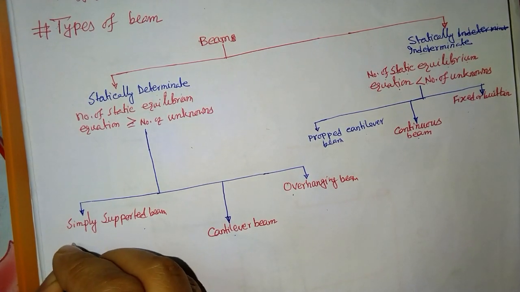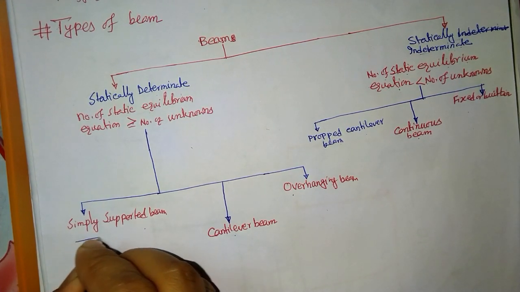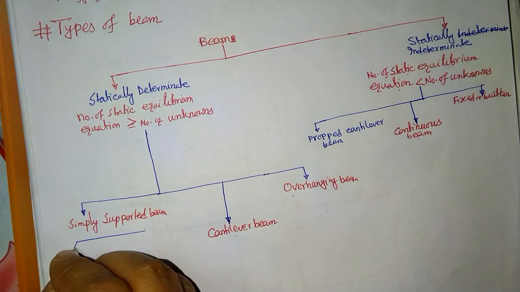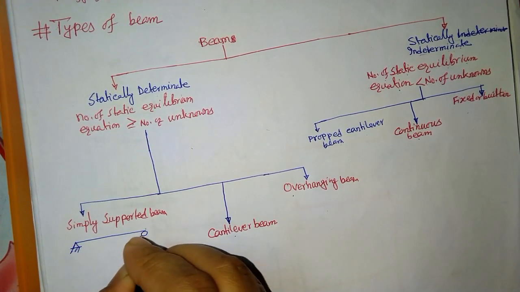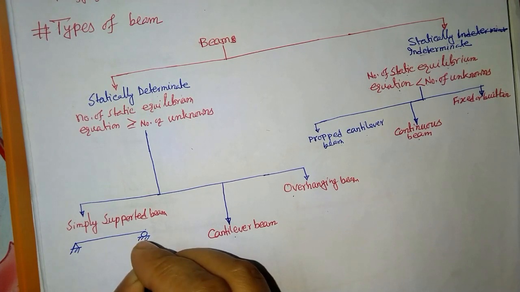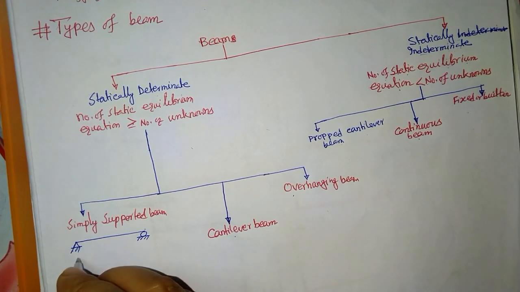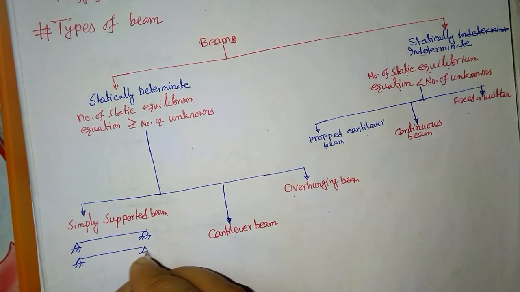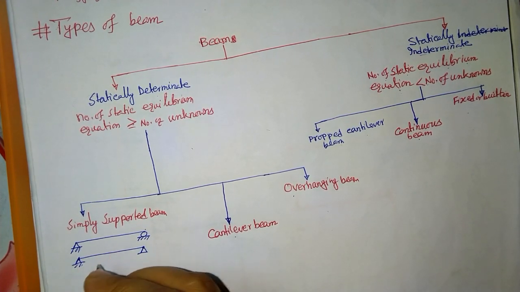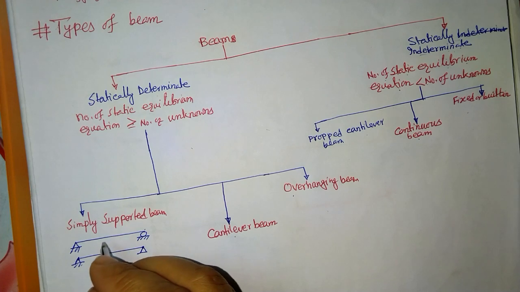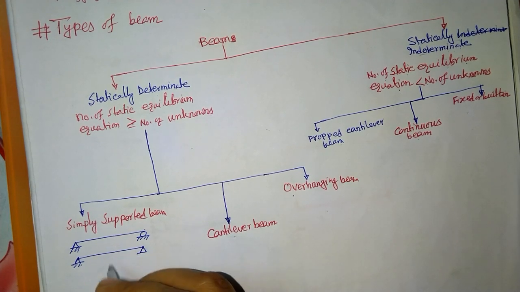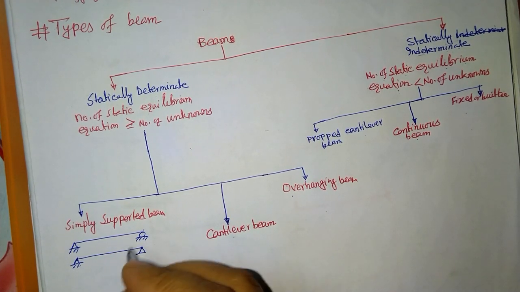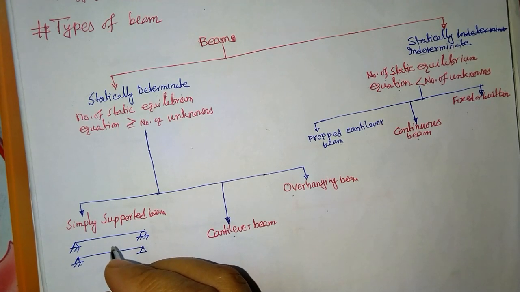In a simply supported beam, there are simple supports in the form of hinge or roller, and there will be some loading, it may be different kinds of loading. So this is our simply supported beam.